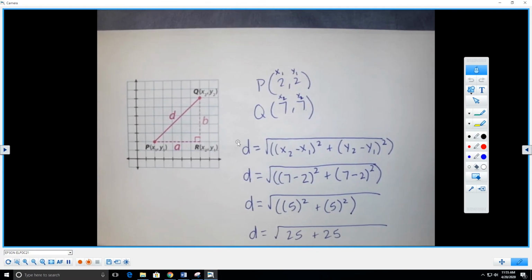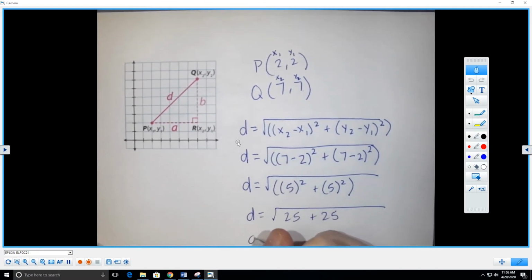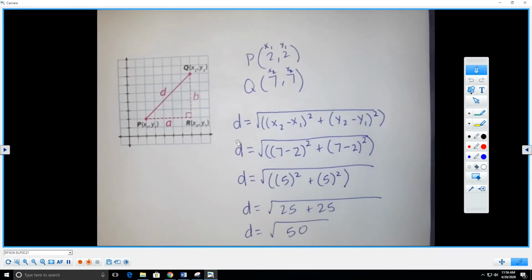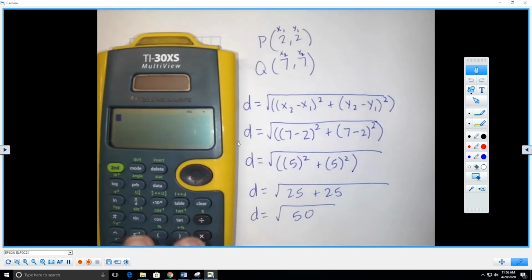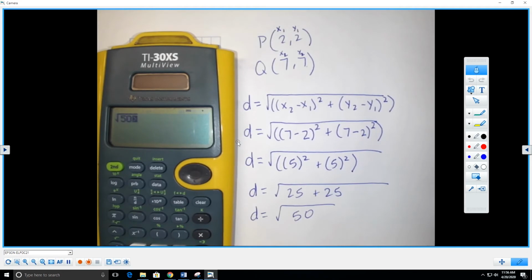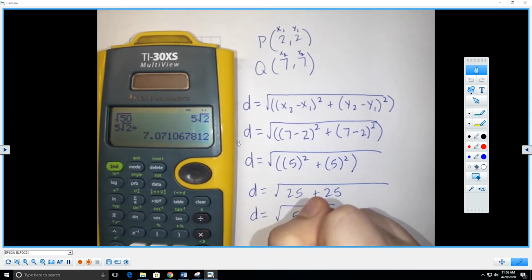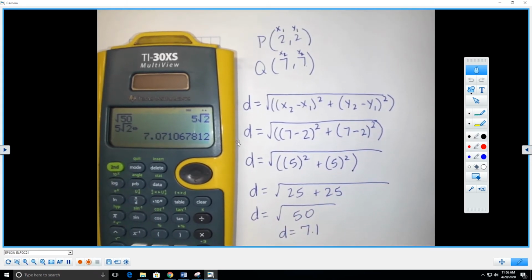One more line, we're going to use our calculator to give me the approximate value of the square root of 50, and we're going to round to the nearest tenth. So my answer is the distance between those 2 points is 7.1 units.